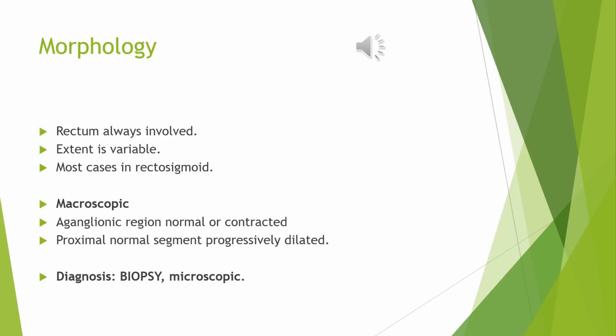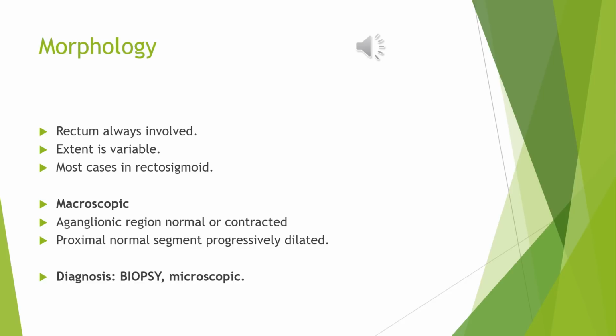So we will have a megacolon in the normally innervated segment and a normal or contracted caliber in the aganglionic segment. You will see the barium enema in the next slide, in which you will see the contracted segment. The aganglionic segment will look contracted, and the normally innervated segment will look progressively dilated, like what we see in achalasia with progressive dilatation of the esophagus.